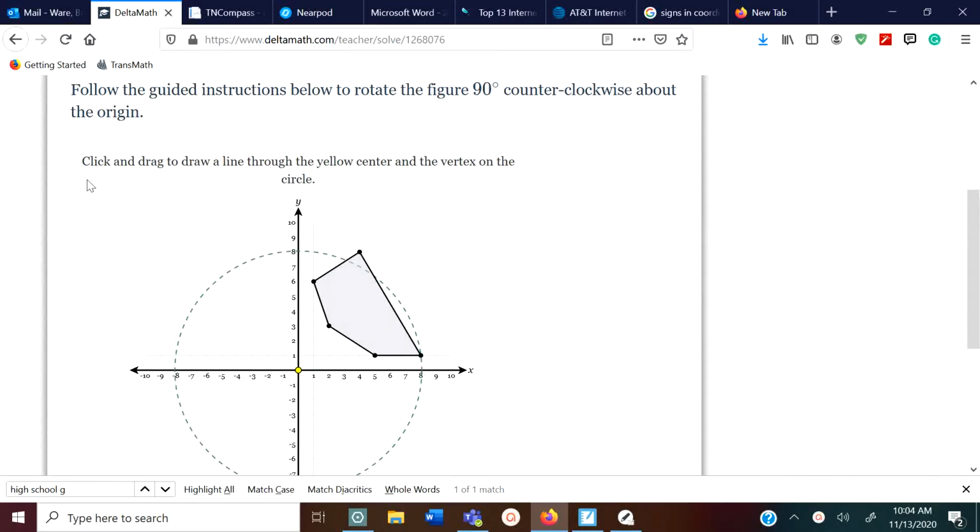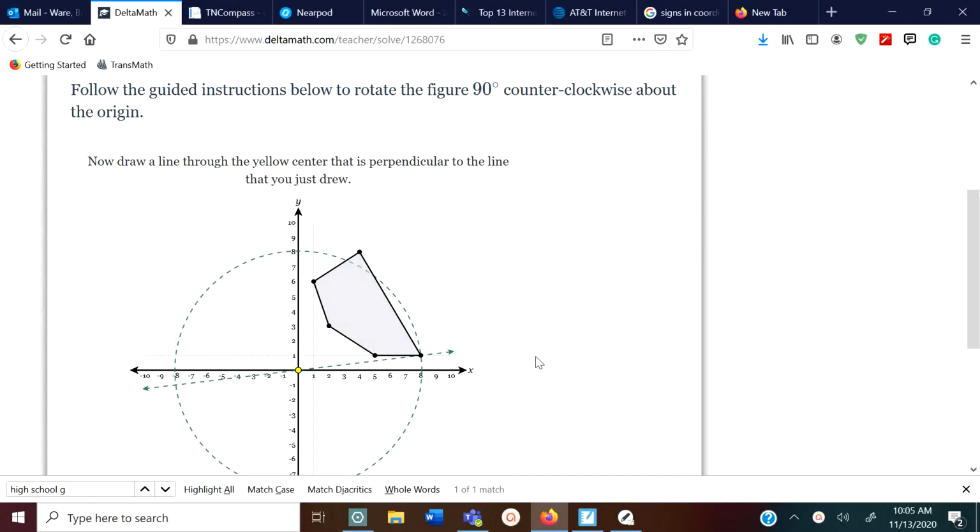Once you do it right, it gives you different instructions. Now it says click and drag and draw a line through the yellow center and the vertex on the circle. So that vertex that we touched, you need to have a line. All you have to do is click here and drag it straight to here, and you've got that line.